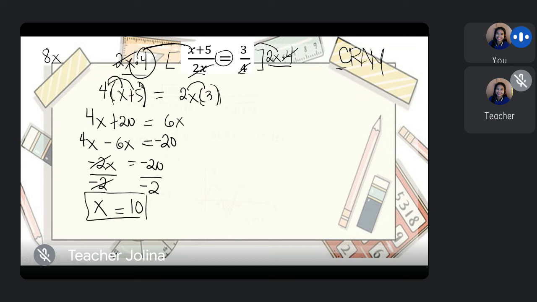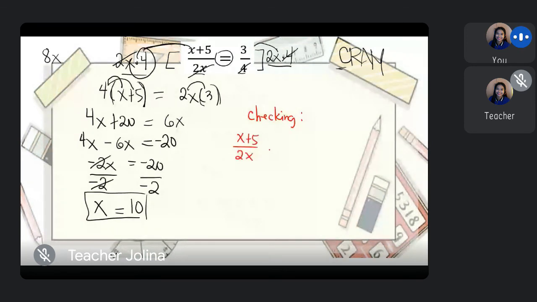Now, let's do the checking. So, para ma-check natin kung rational equation ba sila, dapat po ay mag-equal yung first expression at saka yung second expression once na ginamit natin yung solution x which is 10. So, checking tayo. So, just copy the given equation. x plus 5 over 2x equals to 3 over 4.